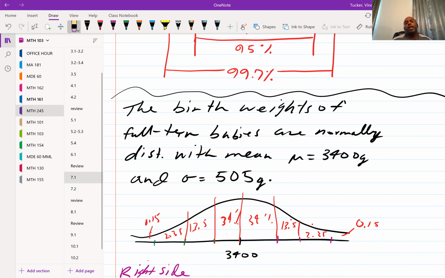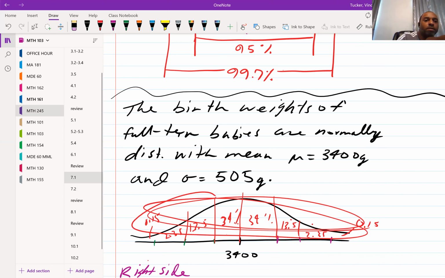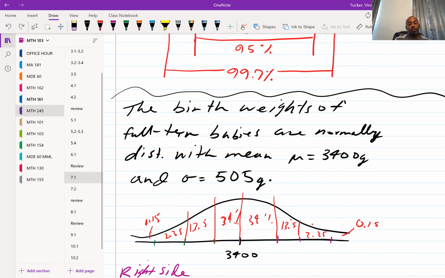Just to reemphasize the empirical rule process, these percentages stay the same. They don't change from the diagram I gave, but the numbers at the bottom will change according to the information given to you. Your mean is 3,400, and that always goes in the middle.